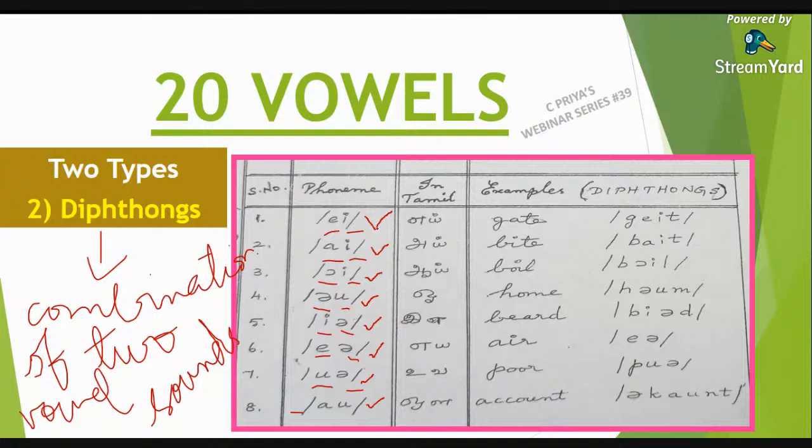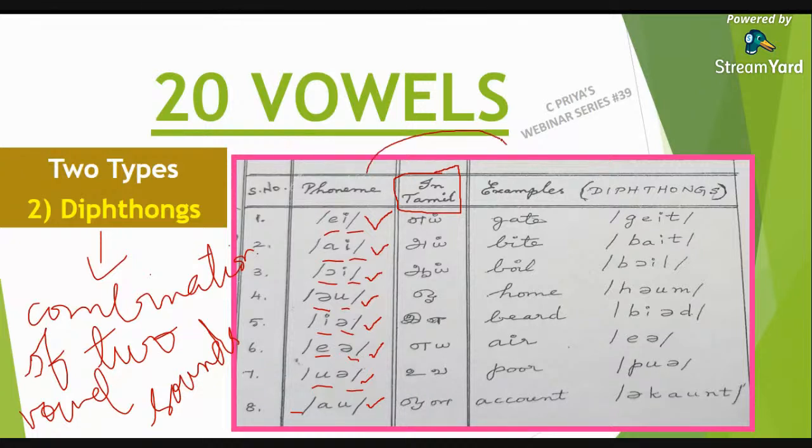I repeat, I produces A, I, O, E, A, over, ow. This is in Tamil. Those who are not aware of Tamil, no need to bother about it. You can simply remember the sounds.